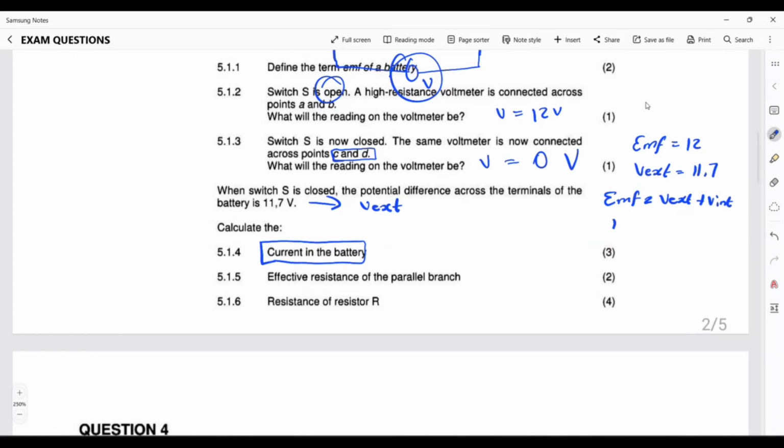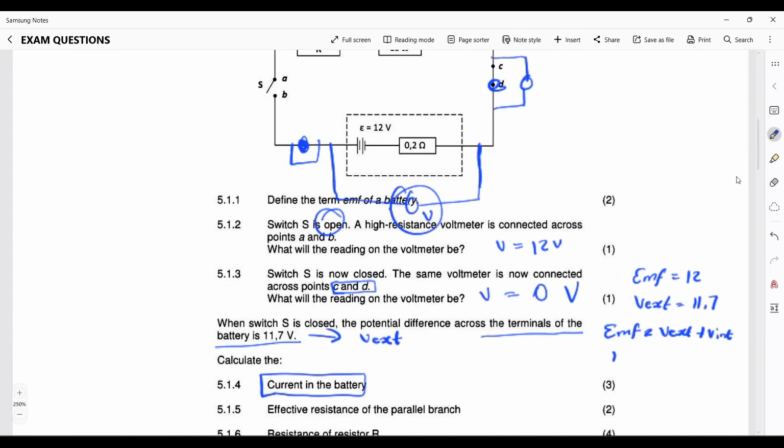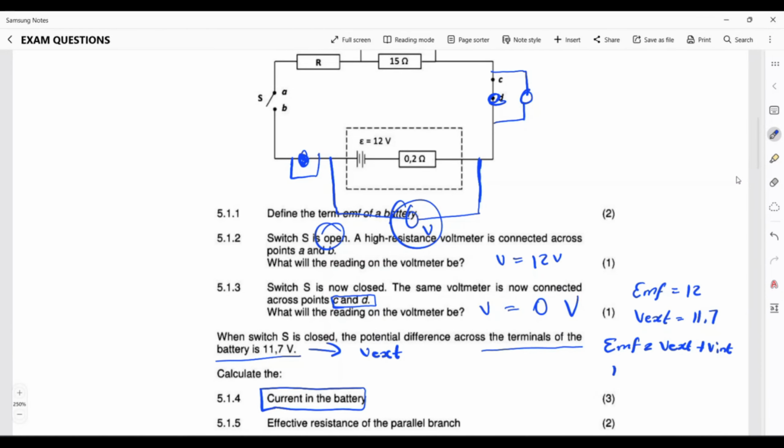That's why I gave you the words "decreases to" and "decreases by." But in this case, the question was worded differently. They said across the terminals of the battery, which means outside the battery. They might have said the voltage decreases by maybe 0.3.